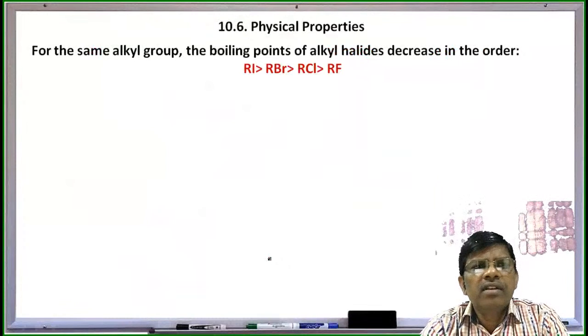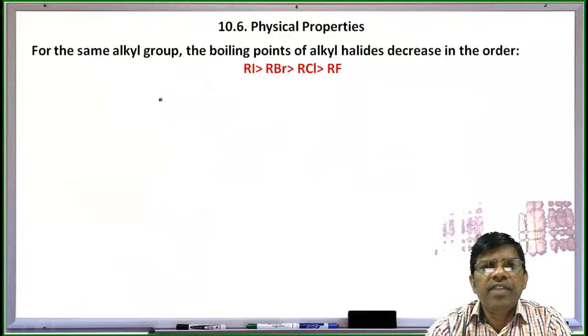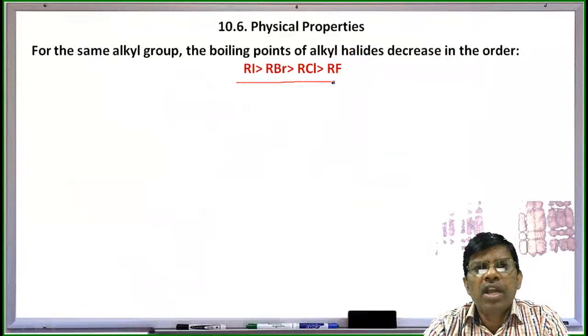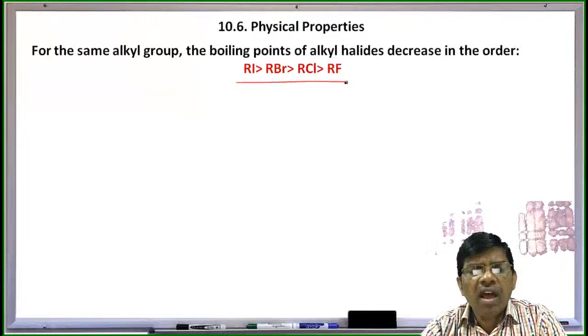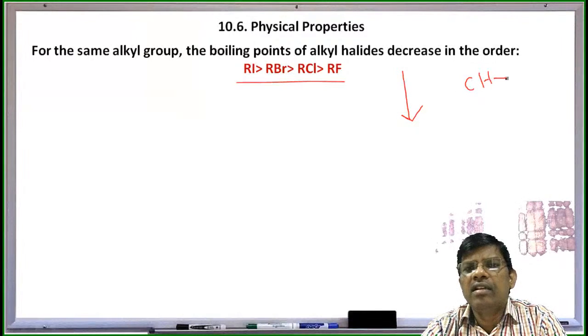So what are the physical properties? It is very important, students. The boiling points of alkyl halides increase when moving from top to bottom. That means, for example, methyl chloride, methyl iodide.